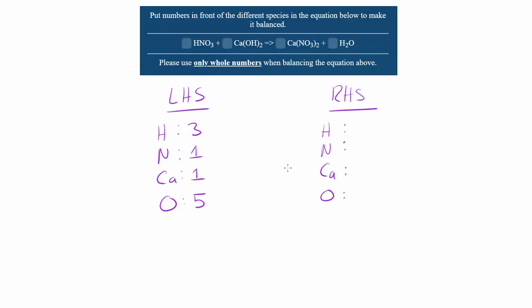If we now audit the right hand side, I would invite you to have a go at auditing that yourself as well. If you look at the hydrogens, we've got 2 hydrogens. Nitrogens, we've got NO₃ 2, so that's N times 2, so we've got 2 nitrogens. For Ca, CaNO₃ 2, the Ca is outside of the bracket, so it's just 1 for Ca.